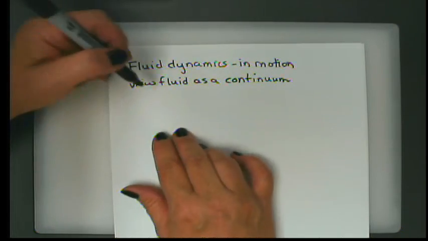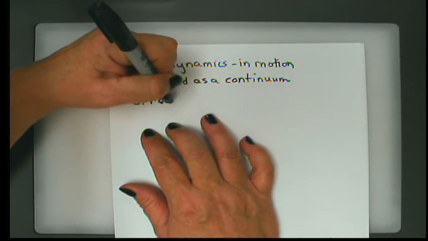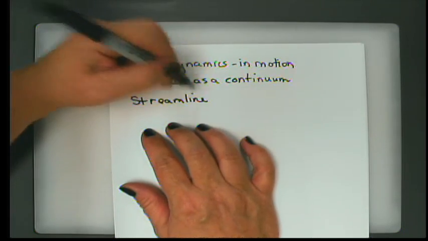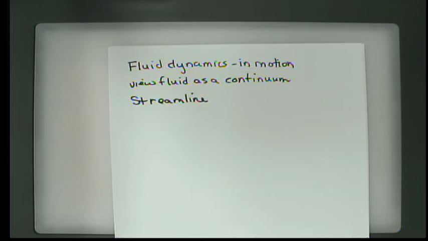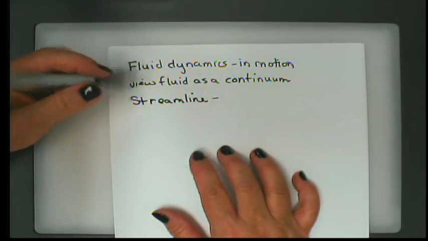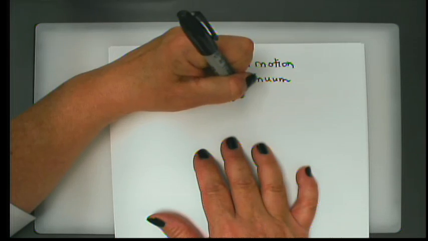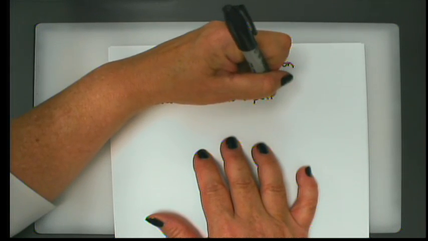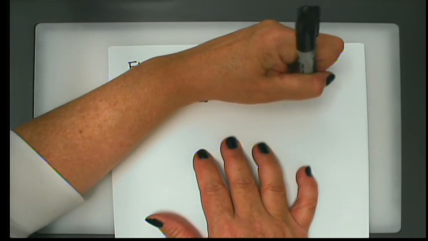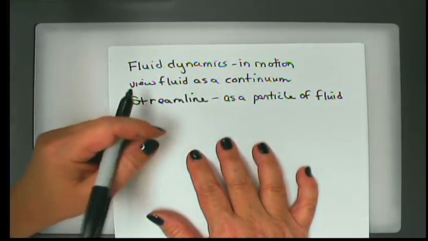One way that we do this is by thinking about fluid as moving along what is called a streamline. Later on we'll also talk about streak lines and path lines, but for now let's just talk about streamlines. In steady flow, these three things are the same. We can talk about a particle of fluid as being a particular molecule or as a differential element.